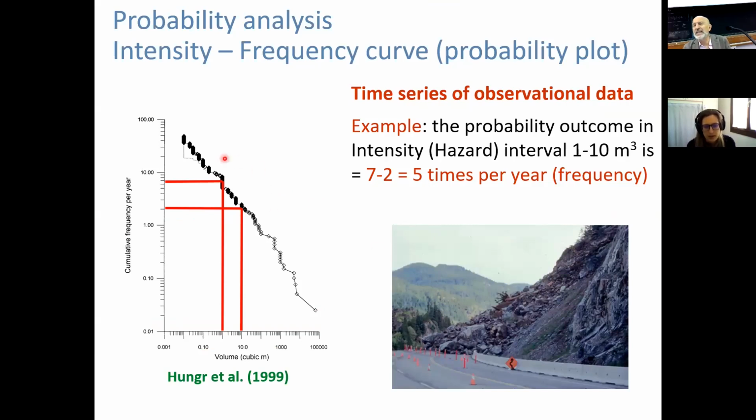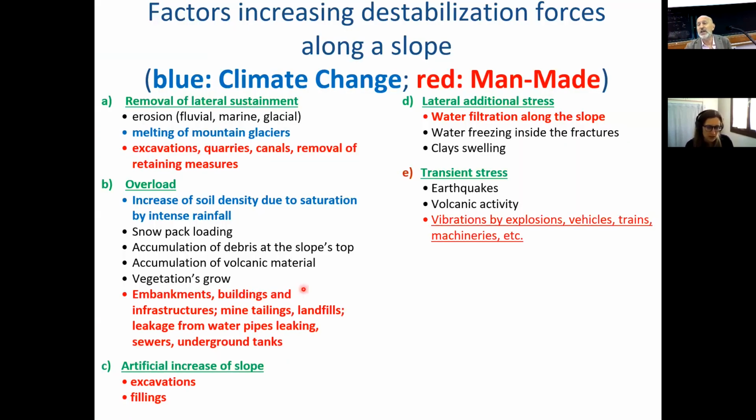So these values are derived from observations, but the observations are based upon past experience. These values are complicated by the fact that you can have an increase of the factors of landsliding due to these man-made or climate change induced factors.